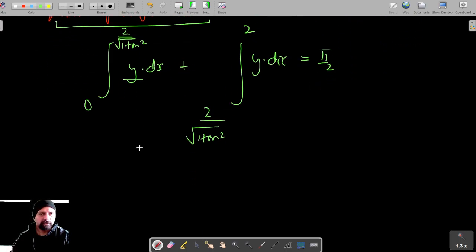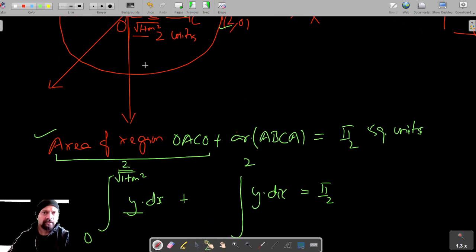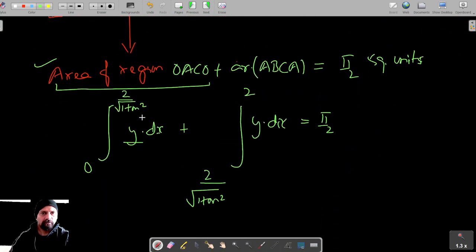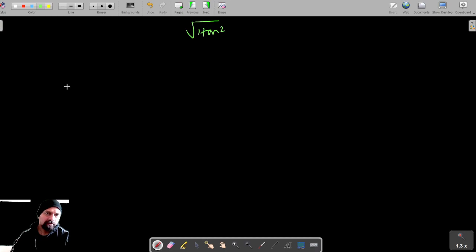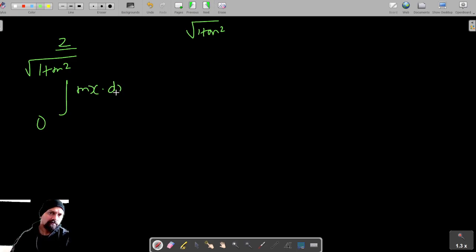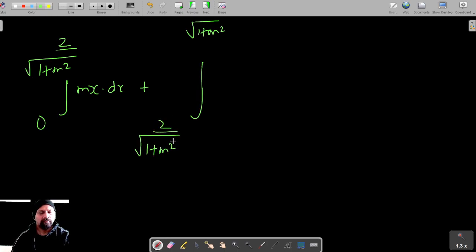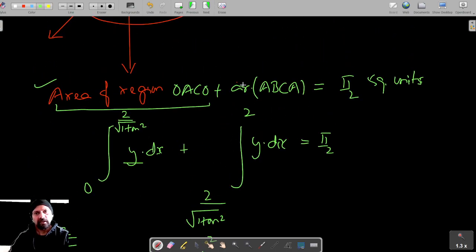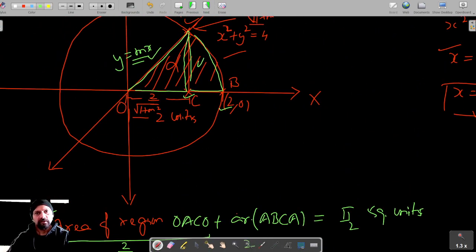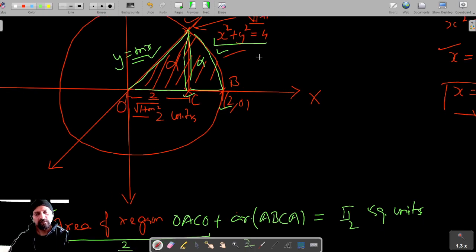Now we have to put the respective values of y. The first region is under the curve y is equal to mx, so the integral from 0 to 2 upon under root of 1 plus m square of mx into dx, plus the integral from 2 upon under root 1 plus m square to 2, where the region is under the circle.